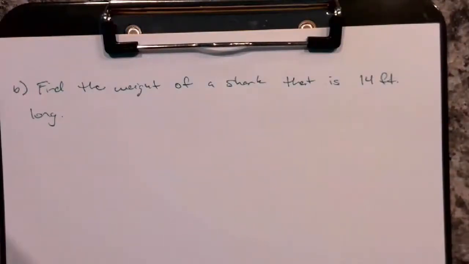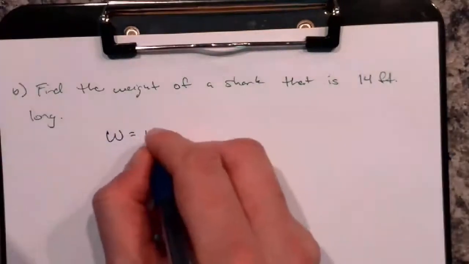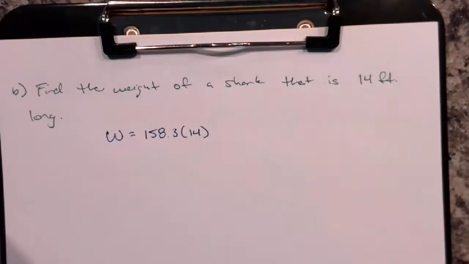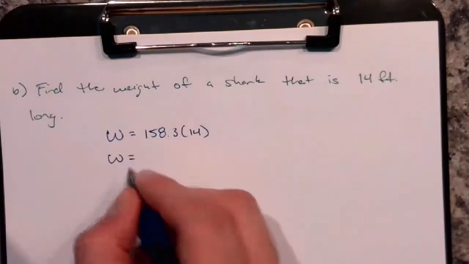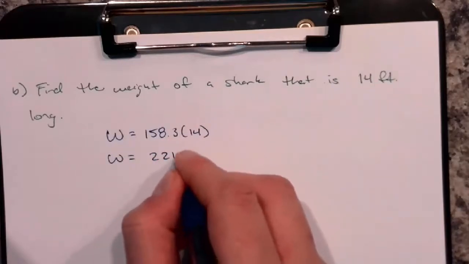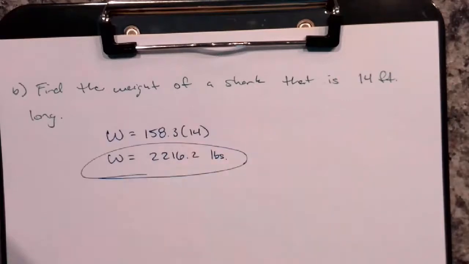We know 14 feet long is L. So we're going to substitute in. We have w equals 158.3 times L, which is 14. And if you multiply those together, you should get 2,216.2 pounds. So we're using this equation to help us estimate the weight of a shark that's 14 feet long.